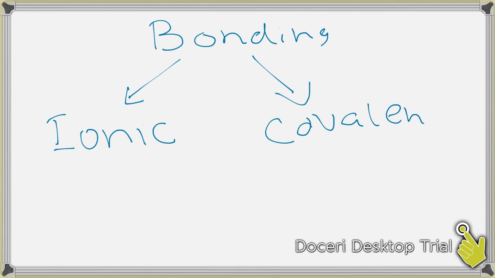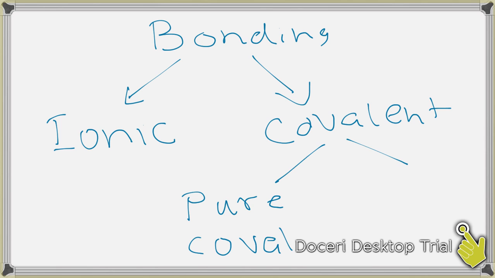Covalent is also two types: pure covalent and polar covalent. How do you divide into pure covalent and polar covalent? Depending on the electronegativity values of the two elements involved in the bonding.